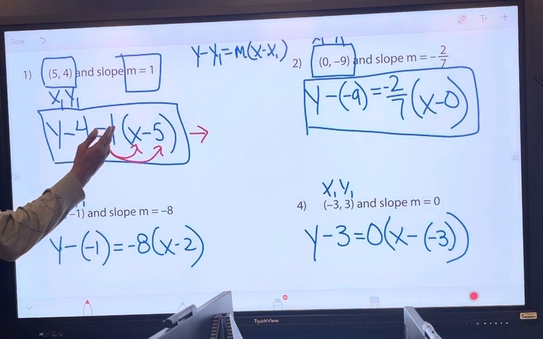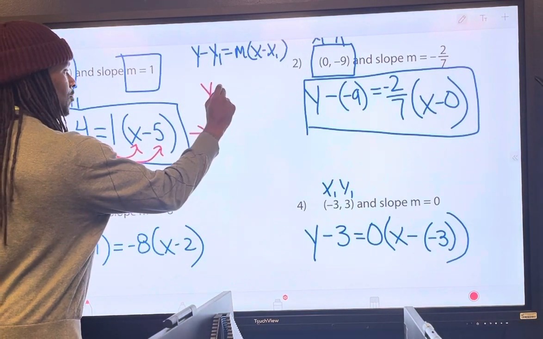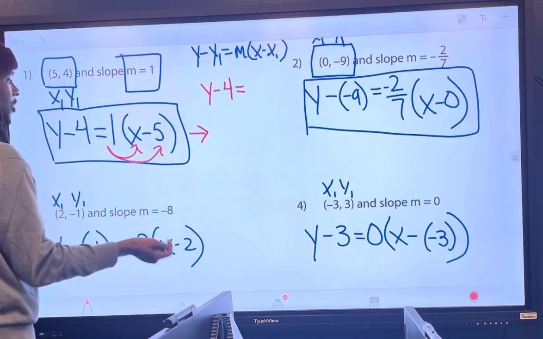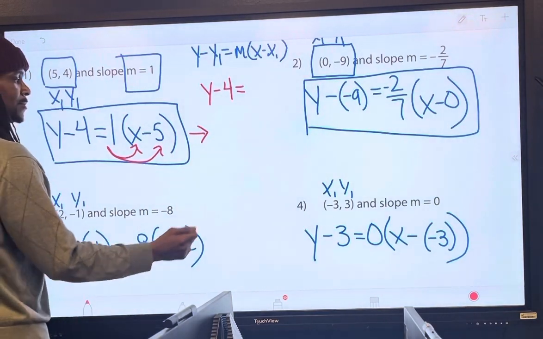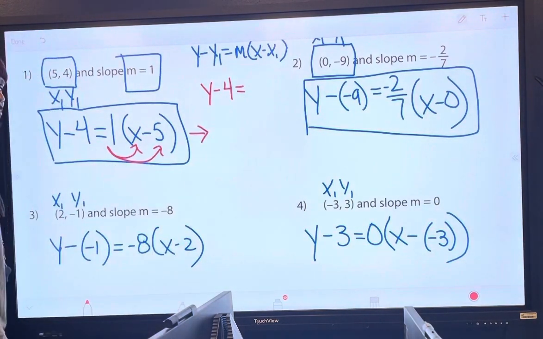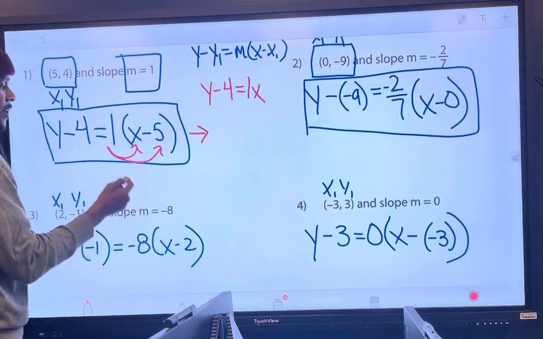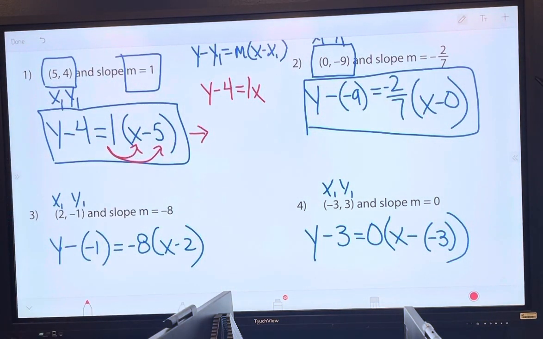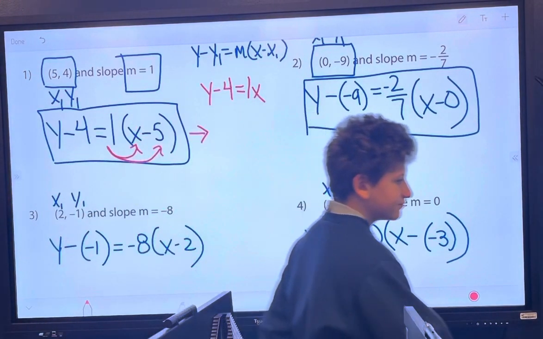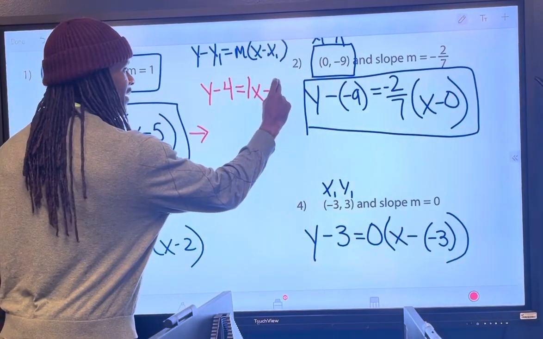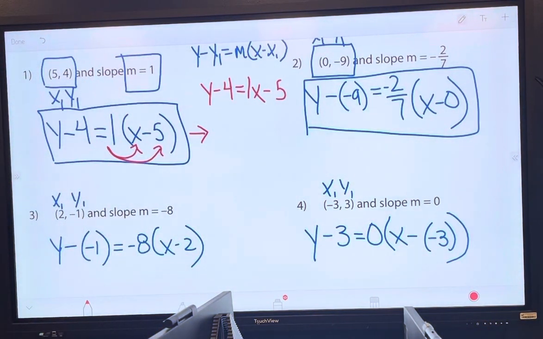Now that question becomes y minus 4 equals, what's 1 times x? 1x. And then what's 1 times negative 5? Negative 5. Then we do what?